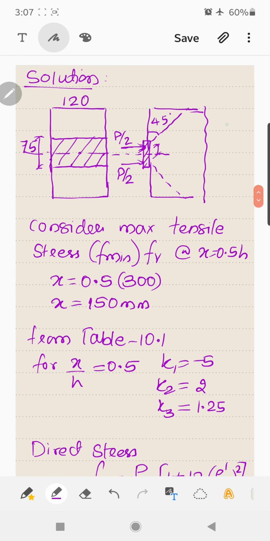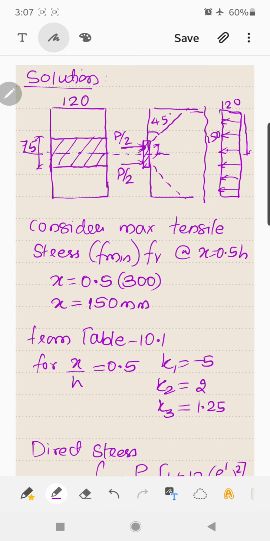Now you have the stress distribution. It is the direct stress distribution P by A. This is the concentric stress distribution. So the concentric stress distribution is P by A at the bottom fiber, and the top fiber is also P by A. So you have a constant stress distribution, and the width is 120 and the total depth is 300, and this much is 150.